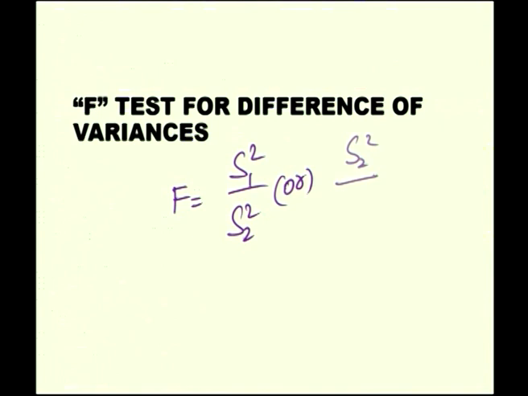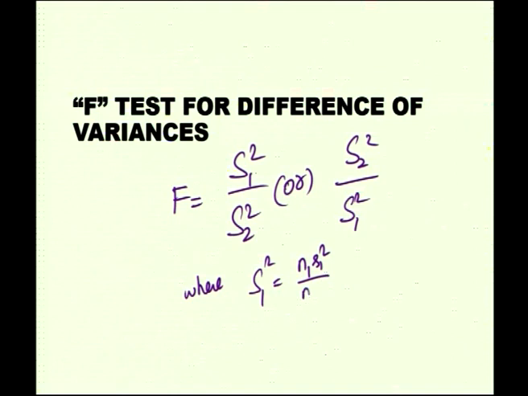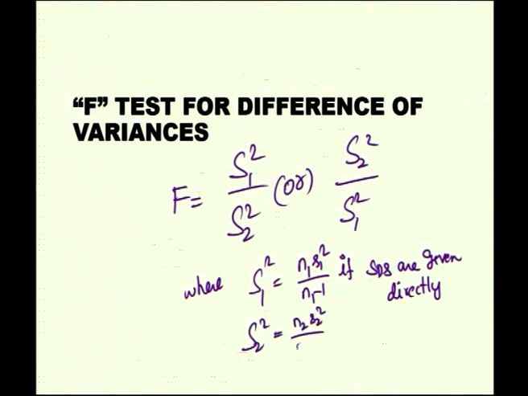Suppose if S2 square is greater, then the formula will become S2 square by S1 square, where S1 square is N1 s1 square by N1 minus 1 if the SDs are given directly. Directly in the sense the values are earlier calculated and given to you, and S2 square is equal to N2 s2 square by N2 minus 1 if the standard deviations are given directly.